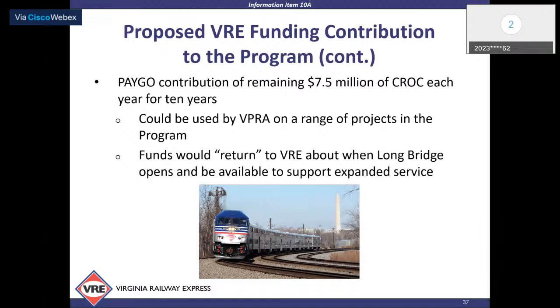The key point here is that 10-year duration is, round number, approximately when we would expect Long Bridge to be open. So that then those funds would return to VRE and be available to support the expanded operations that we can do in the corridor once that new crossing of the Potomac is there.